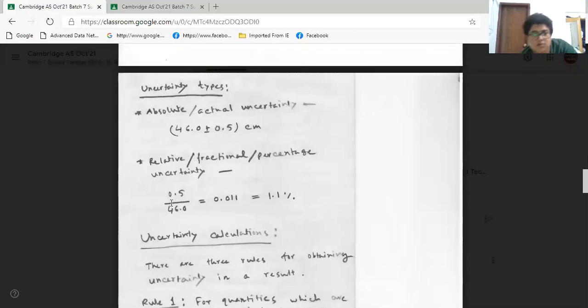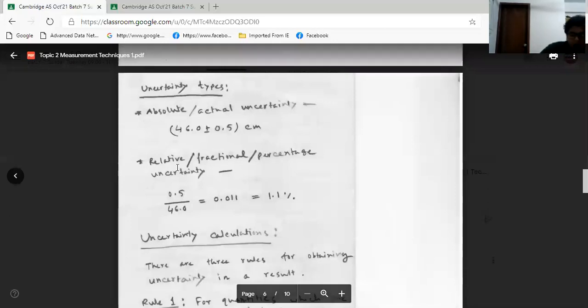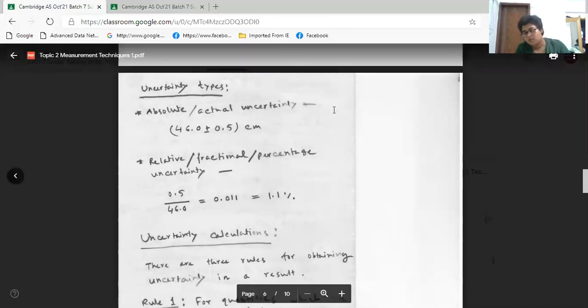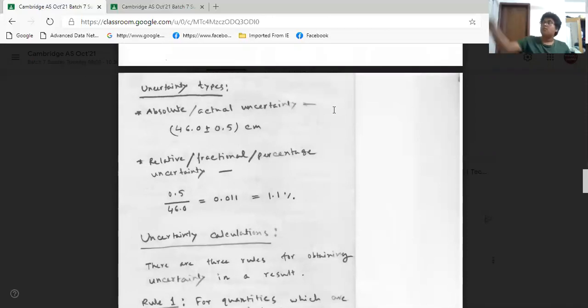And if you multiply with 100, the fractional uncertainty comes as percentage uncertainty. So relative uncertainty, fractional uncertainty, and percentage uncertainty are the same thing. And absolute uncertainty is also known as actual uncertainty. Is it clear? Yes, sir.